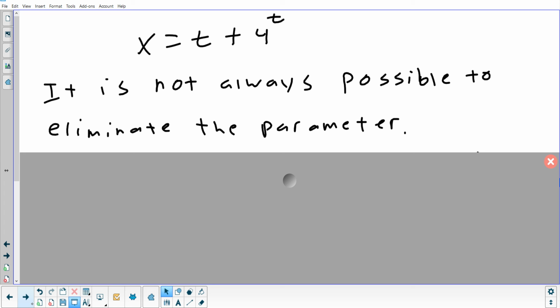You cannot isolate a variable when it's an exponent and it's also a term. If it was just a term, all I'd have to do is subtract the 4 to the other side and be done. If this t wasn't here, that would be not too bad, because I could use a logarithm. That's how you get variables out of the exponent. But having it in both spots messes us up. So I just want you to know, it is not always possible to do what we just did.